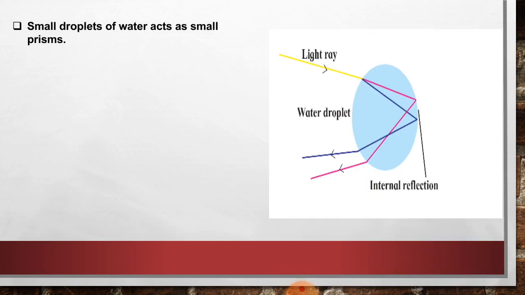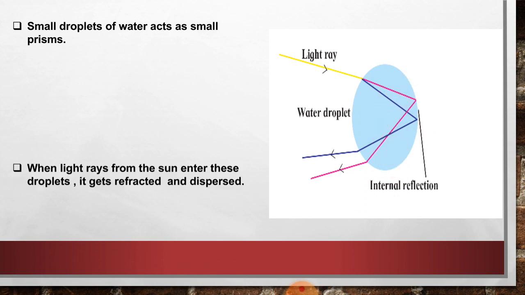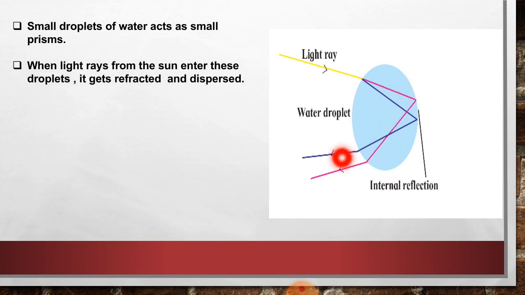Here we have taken small droplets of water which act as prisms. Everyone knows the term prism. You have seen it maybe in your laboratory. So small droplets of water act as small prisms. What happens here is, when a light ray from the sun enters this droplet, it gets refracted and dispersed.